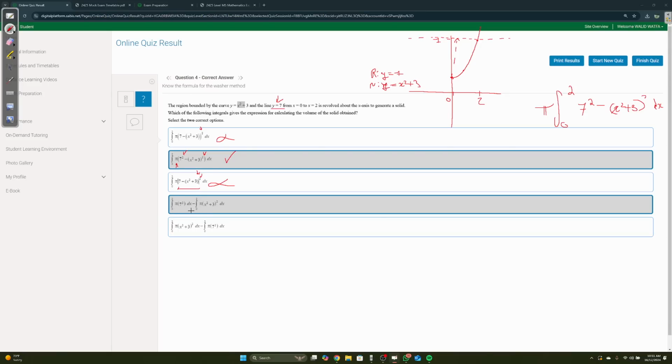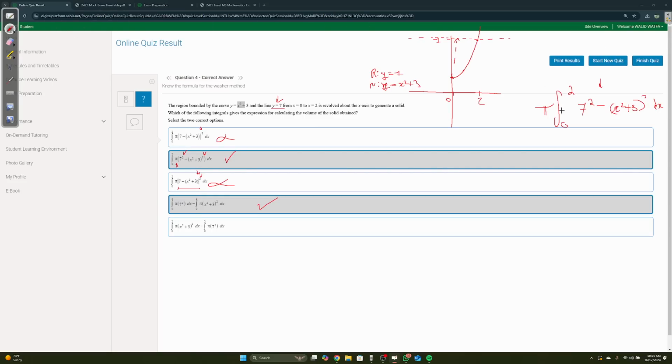Here you split it up into two integrals: pi integral of 7 squared dx minus integral of pi times x squared plus 3 squared dx. Why is this correct? People are going to wonder, this does not look anything like what you wrote here. An integral, you can split it up into two parts if you have subtraction. Same way with the sigma of r squared minus r, you can split it up into sigma of r squared minus sigma of r.